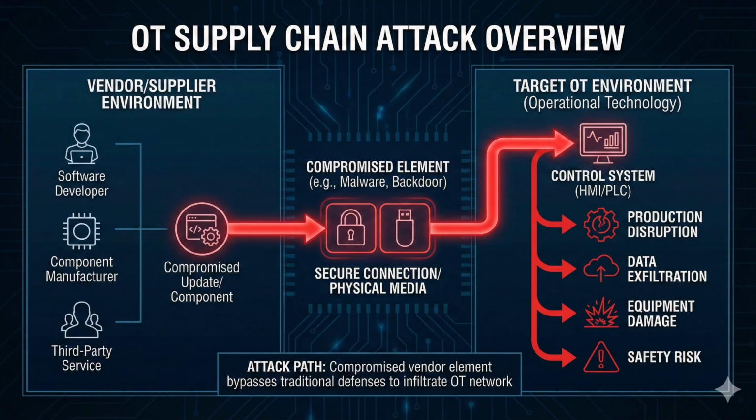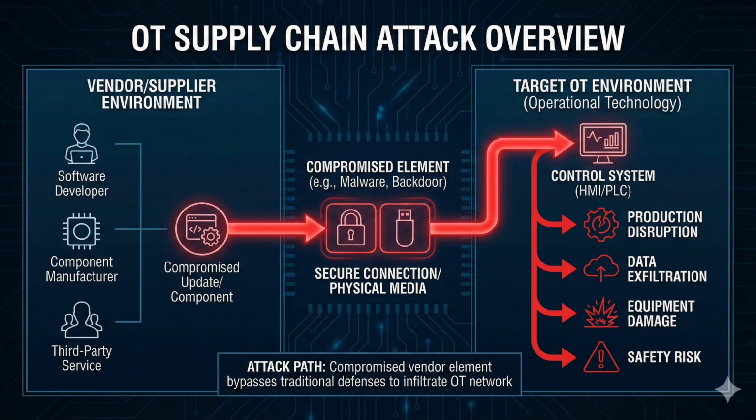Supply chain and vendor management are huge in OT because you rarely build the whole stack yourself. You depend on OEMs, integrators, remote support tools, and managed service providers, so their practices become part of your risk. Start by setting security requirements for suppliers.